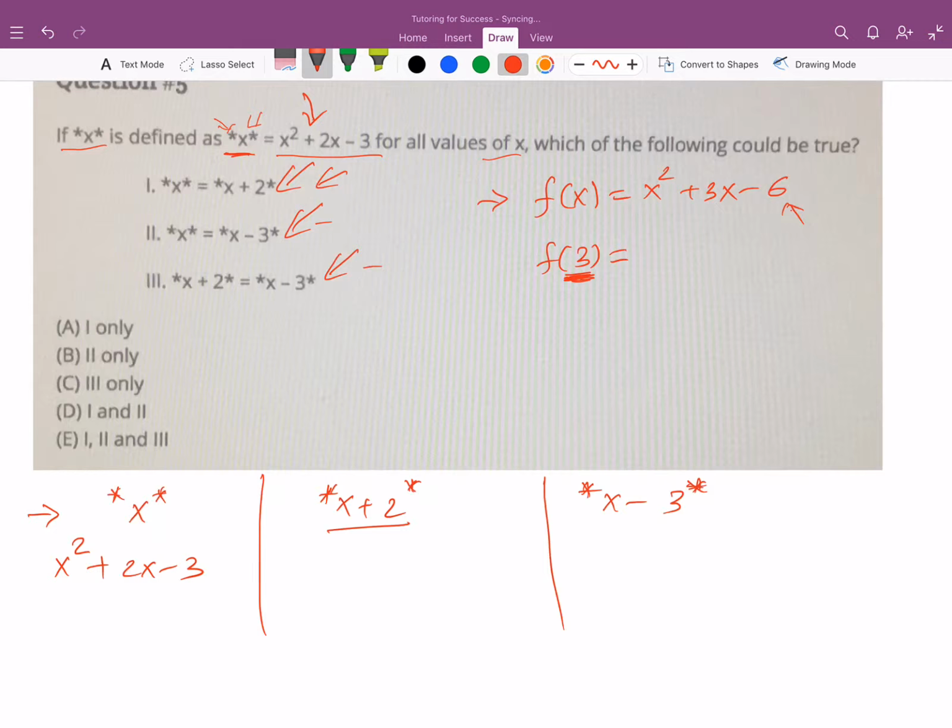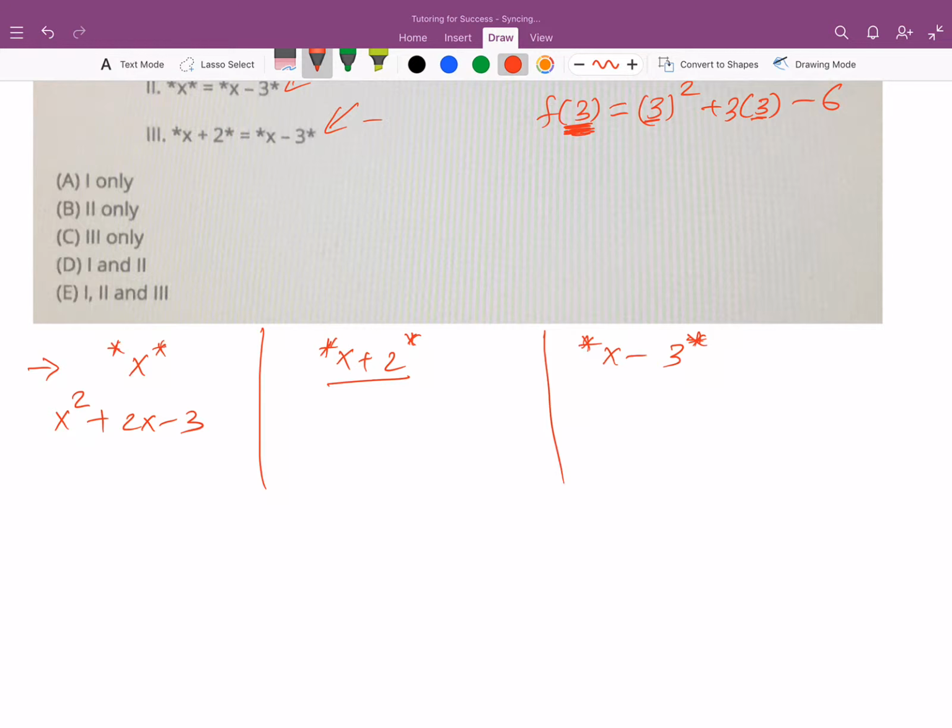This is what you're going to be doing. You're going to replace that 3 for every x that you see in this problem. So for x squared, it'll become 3 squared, not cube. Apologize for that. 3 squared plus 3 times 3 minus 6. So for all the x's, I'm replacing it with 3, because this is my new x, and that is exactly what I'm going to do here.